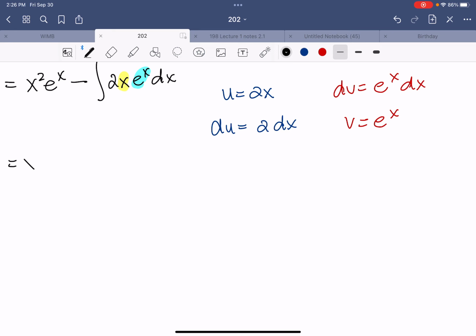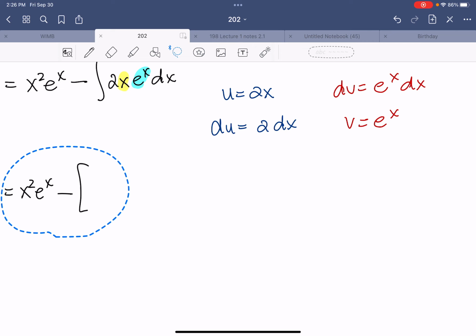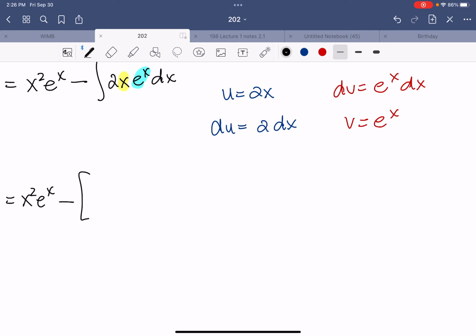Okay, so I've got the x squared e to the x from above, minus big parentheses, because what I have coming next is two things being subtracted. And now I have u times v, so 2x e to the x minus the integral of the 2 across the bottom, so 2 e to the x dx.